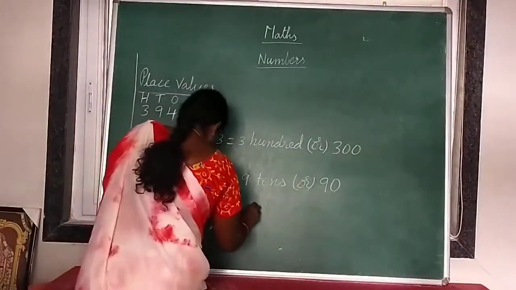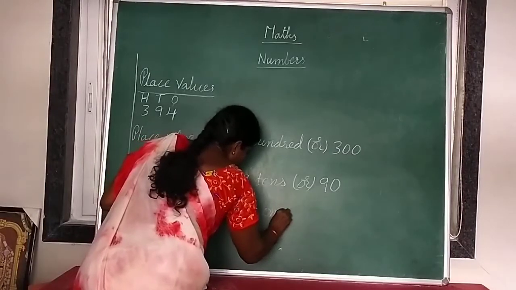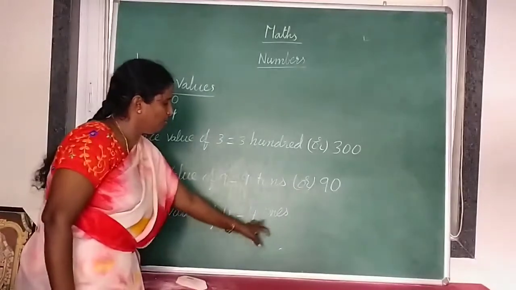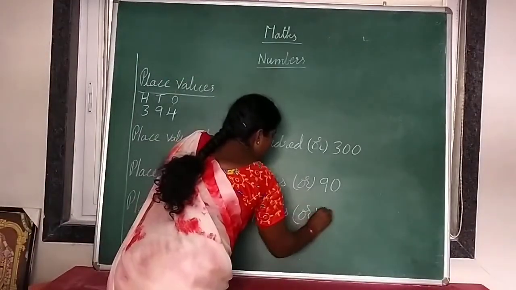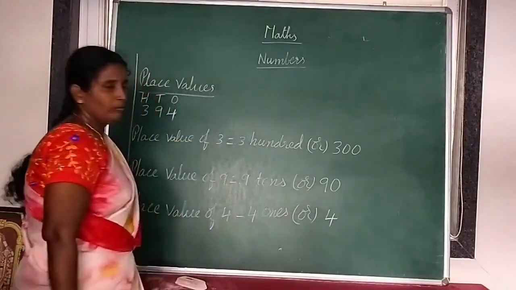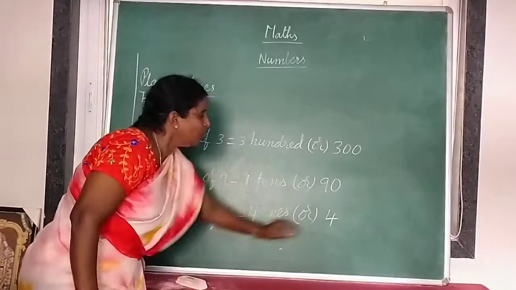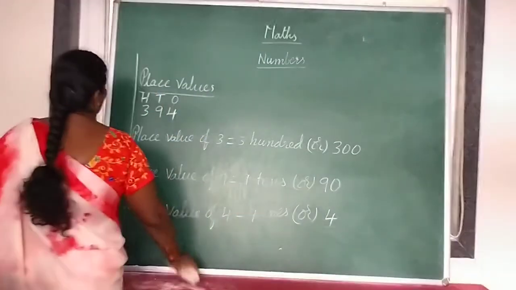Yes, it is in ones place. So place value of 4 is 4 ones, or 4 ones are how much? 4. Place value of 4 is 4 ones or 4. Understand? Now one more question I am going to give.